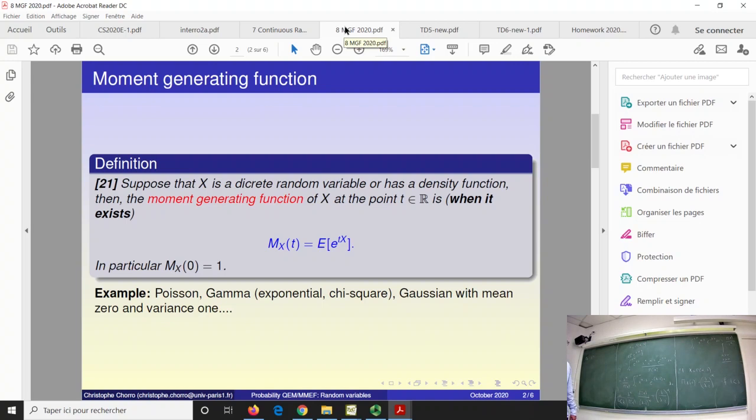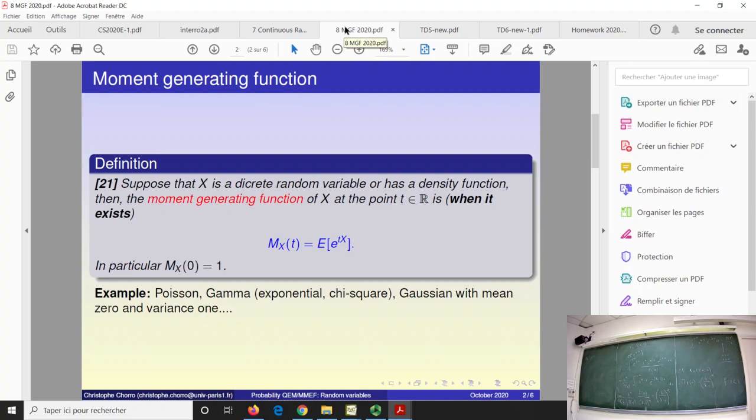If you obtain a formula and you plug t equal to 0 inside and you don't obtain 1, it means that you have a problem, because this is always equal to 1 at 0. Are you okay with this computation and with this condition? This condition is in order to make sure that this integral is a finite number, not equal to plus infinity.